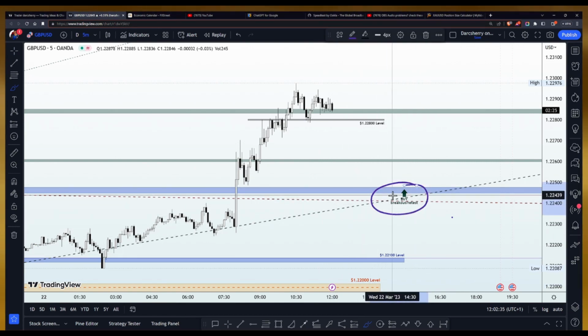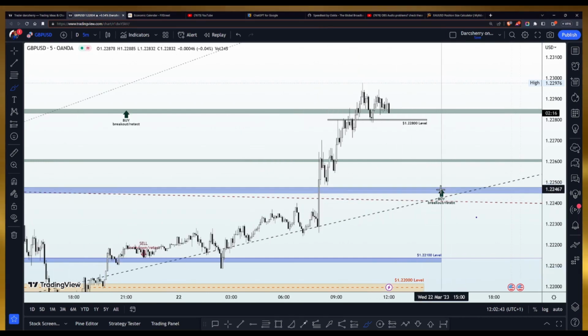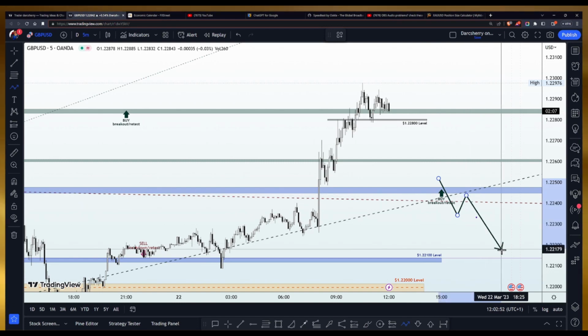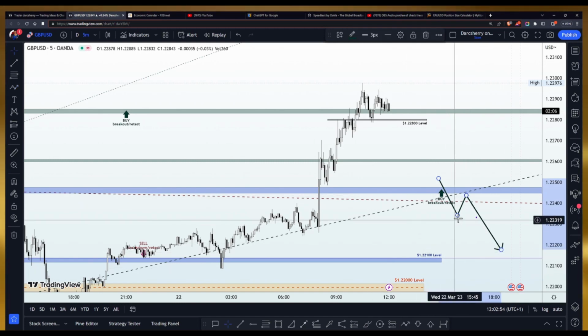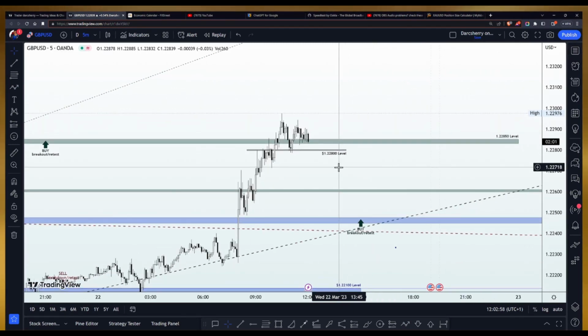So we want to see how price action will be reacting to that level to decide if we are going to be adding more sell position in this market. So if price action breaks down the trend line, breaks down the 1.22450 level, then we will be adding more position to our sell position in this market.